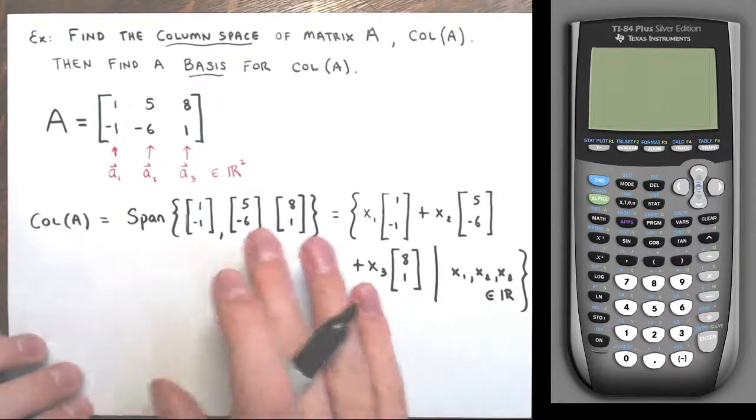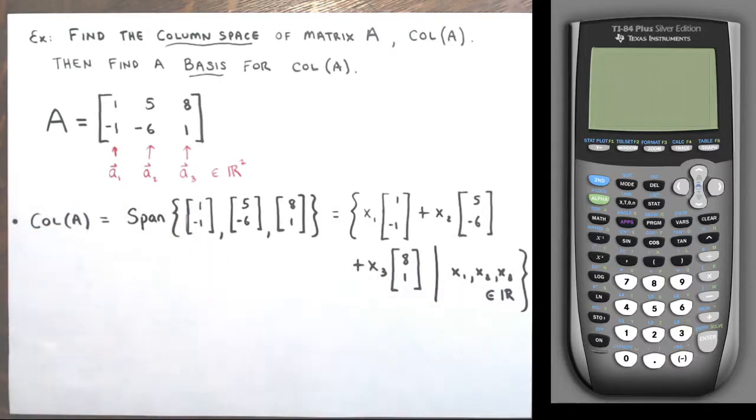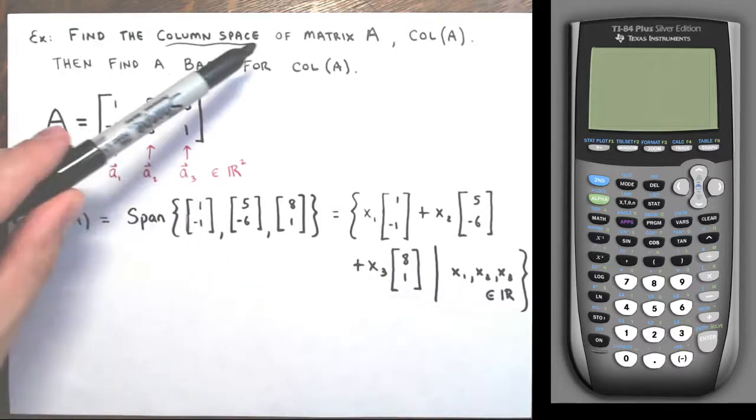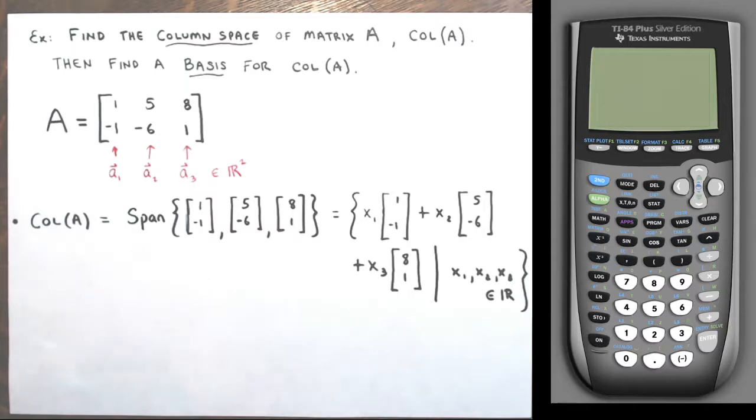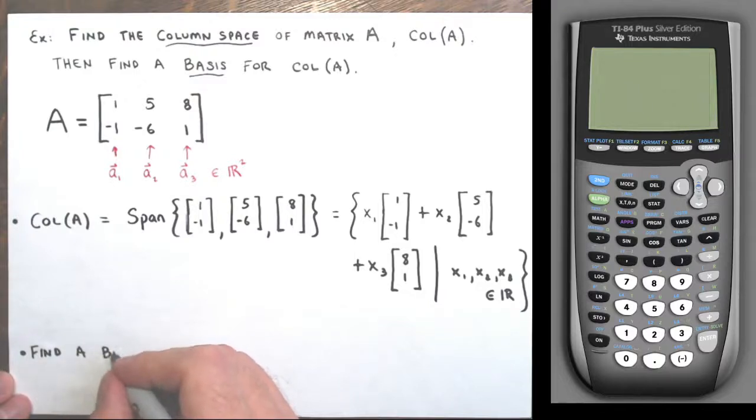So like I said, there's part 1. That's a nice description of the column space. I've done the first part. When we're done finding a basis, I will go back and actually simplify this. Alright, so now going into finding a basis, remember you could think of a basis as the building blocks for a vector space.